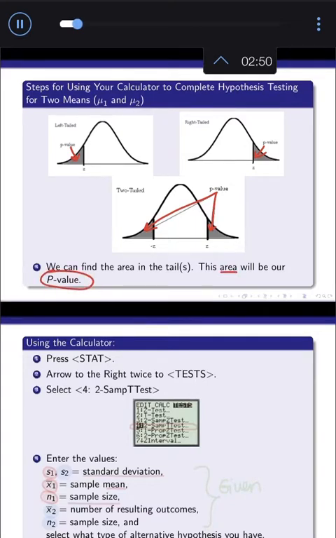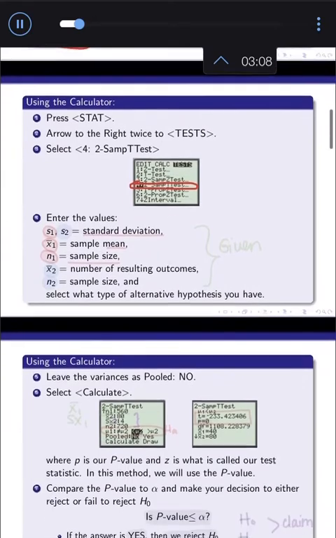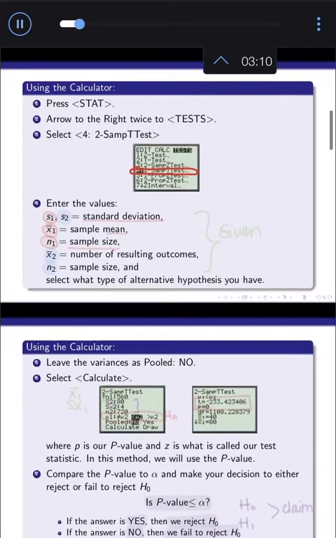And just like before, once we get our p-value, which again, the calculator is going to find for us. How's it going to find that for us? Because we will have it run that two-samp t-test that we were talking about. So it's going to want some information. It's going to want the sample mean and the sample size, just like before, and the sample standard deviation, but we're going to have two sets of all that information.